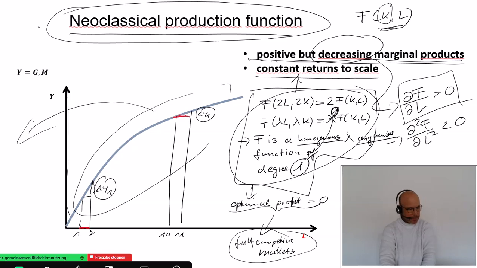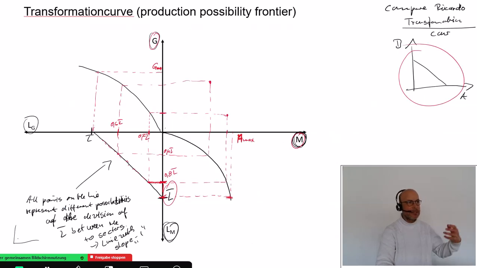So what does it mean in our graphical representation with respect to these two products? Means the reduction here has to be less than the increase starting just the production in the agricultural sector.